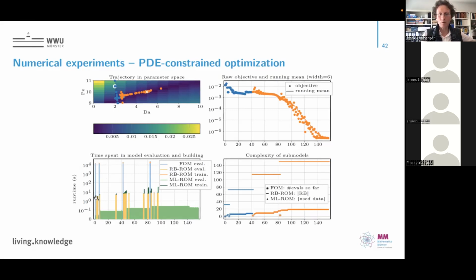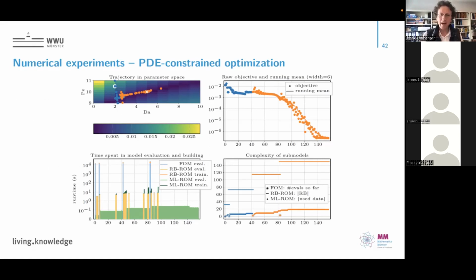And you see that now this reduced basis method is used at the beginning a little bit more, and also after new information came in a little bit more. And from that, data is collected to improve the machine learning model. And you see that in most of the calls, it's just enough, this is the green bars here, to compute the machine learning model in order to solve this overall problem.